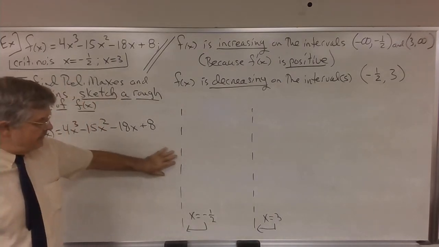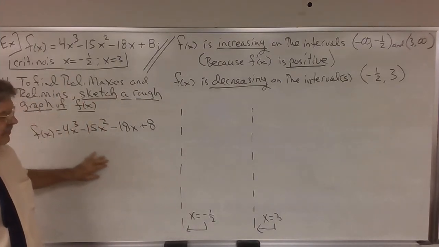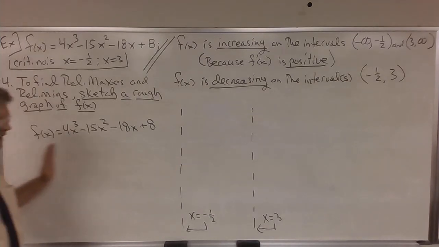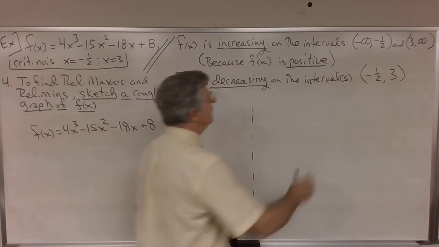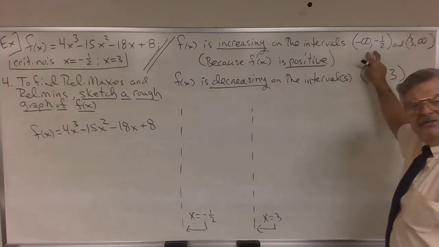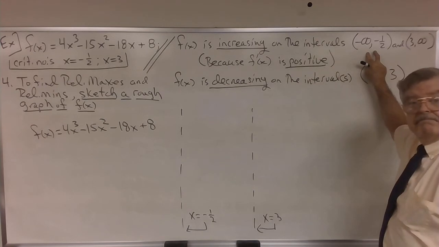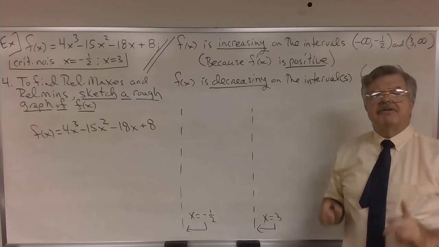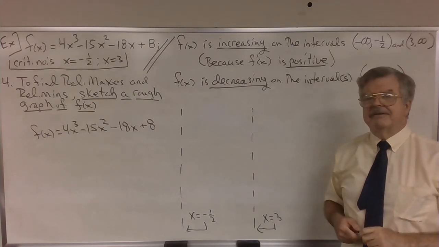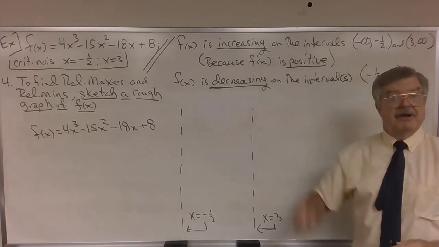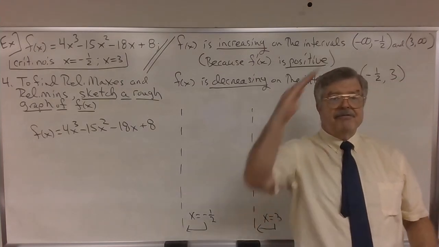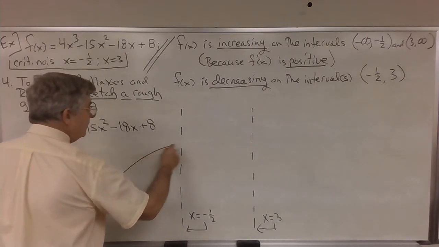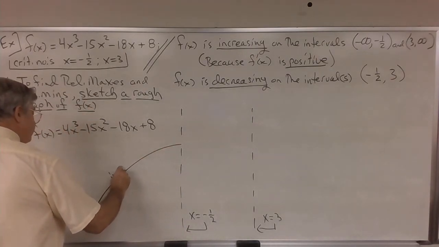Over here to the left of x equal -1/2, from -infinity to x equal -1/2, what's f of x doing? It's increasing, isn't it? And what does an increasing function look like? It goes uphill from left to right. So here's f of x going uphill, and I'll write increasing here.